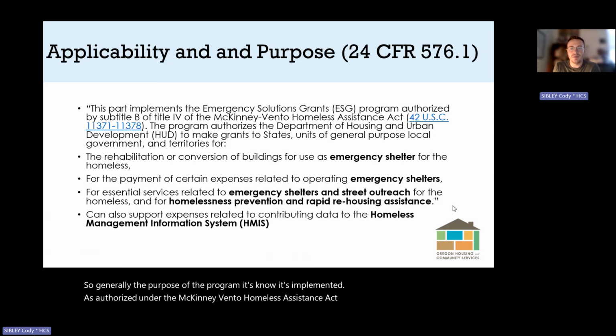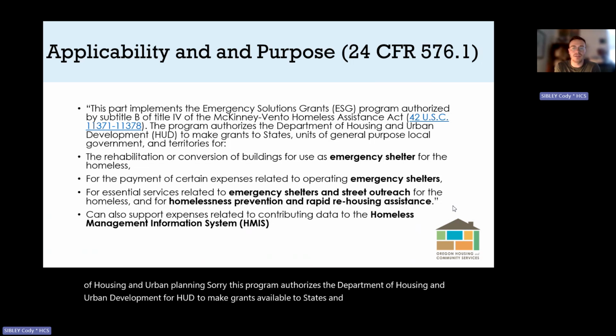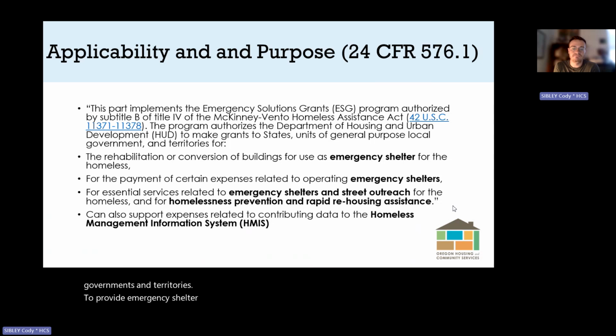This program authorizes the Department of Housing and Urban Development, or HUD, to make grants available to states and other general purpose local governments and territories to provide emergency shelter activities, street outreach activities, homelessness prevention, rapid rehousing assistance, and recipients can also use this funding to operate and contribute data into HMIS.